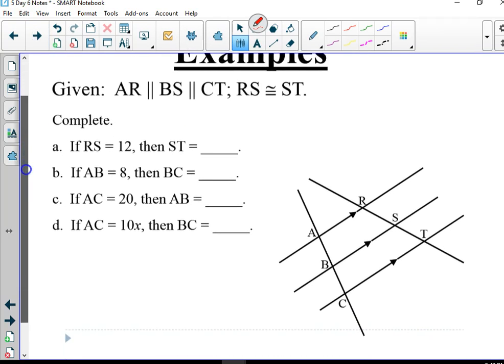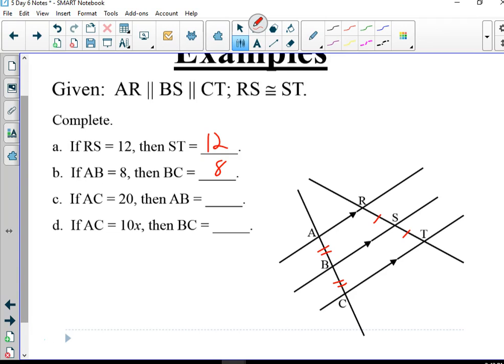So given AR, BS, and CT are all parallel, and RS is equal to ST. So we mark that first. If RS is 12, then ST has to be 12. And we know that these two have to be equal. So if AB is 8, BC is 8.